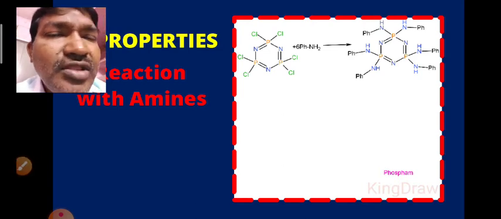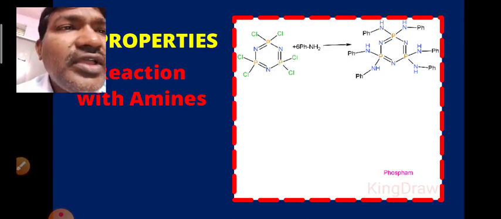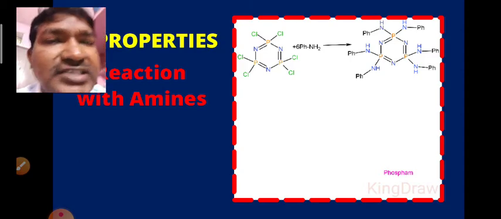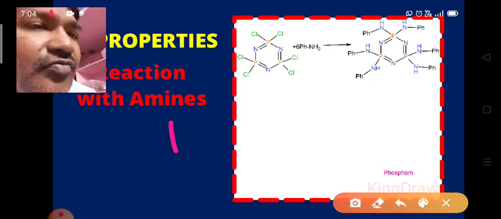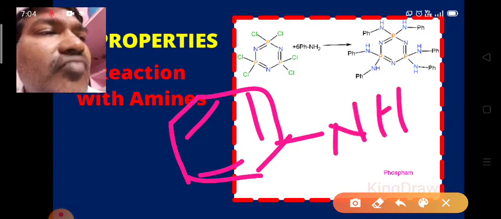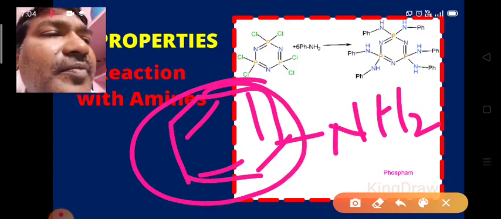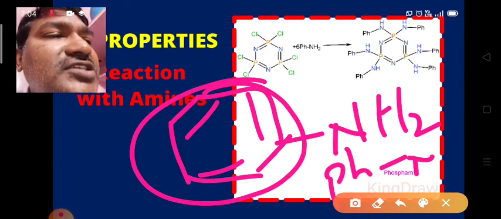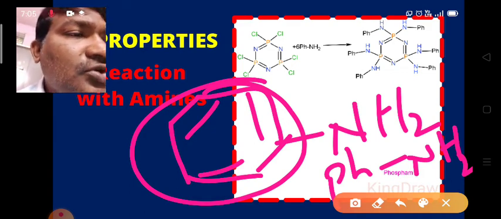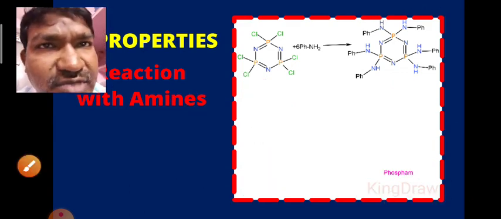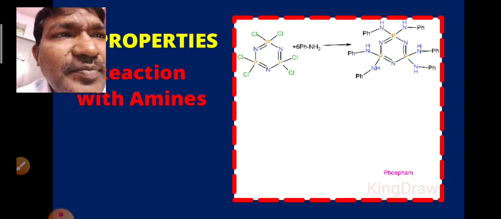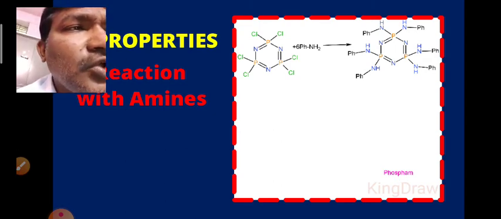In a similar way, reaction with amine. Here for amines we are taking aniline, PhNH2. You know the structure of aniline. This is aniline, and this phenyl group is simply represented as Ph, so aniline is simply written as PhNH2. When the trimers or tetramer are treated with aniline, chlorines are replaced with the primary amine, the aniline group.